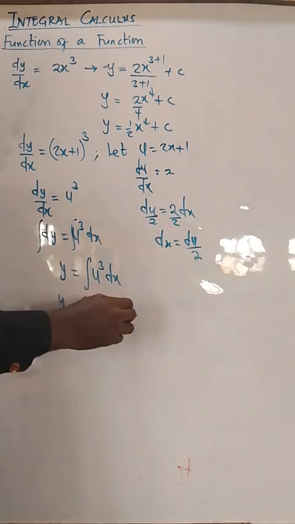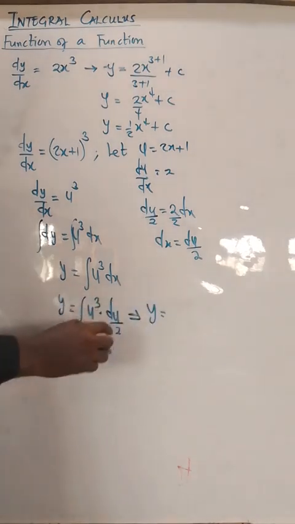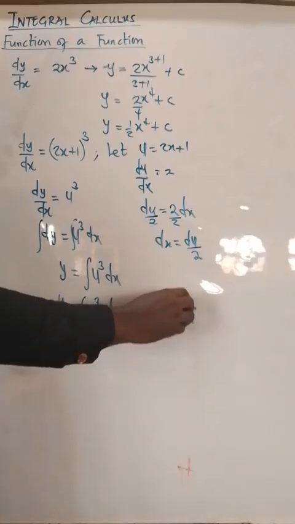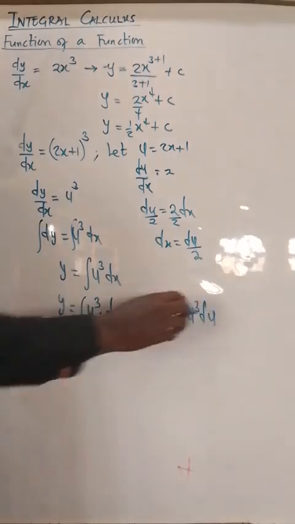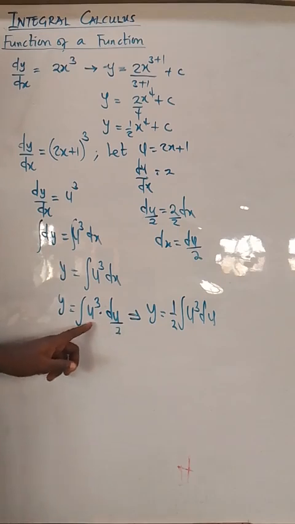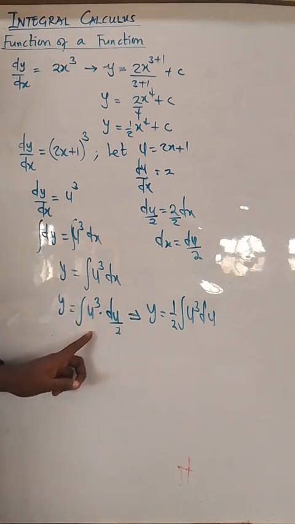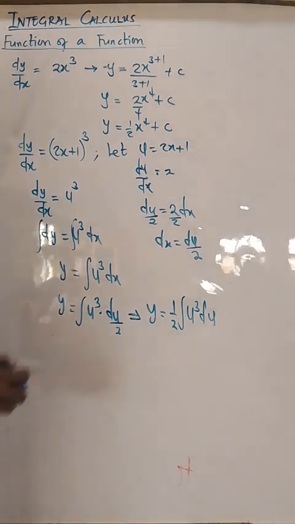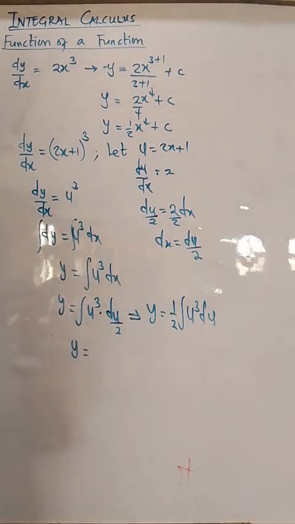So we can also write this one. It implies that y equals the integral of half of u cubed du. I can put this 2 under this. I can also write it as u cubed over 2 du, then over 2 same thing as half. You can bring the half out as a constant. So from here it means y we can now integrate. So add one to the power, divide by the new power.